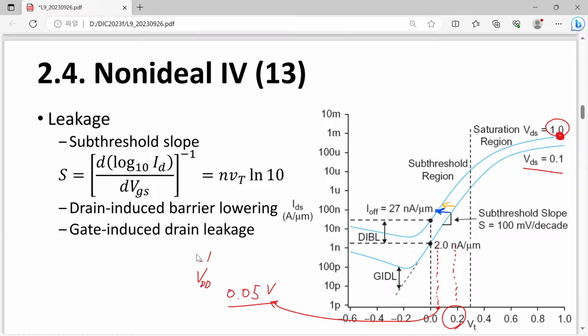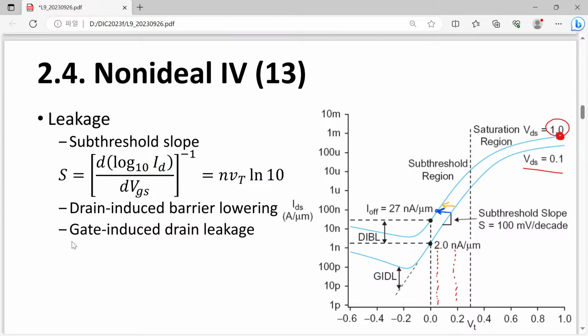And we want to have a reasonable value which is almost fully controlled by gate only, not severely affected by drain. So this is quite important.